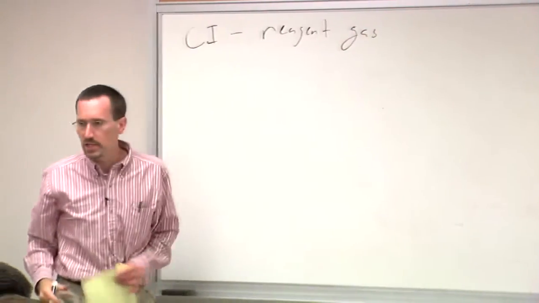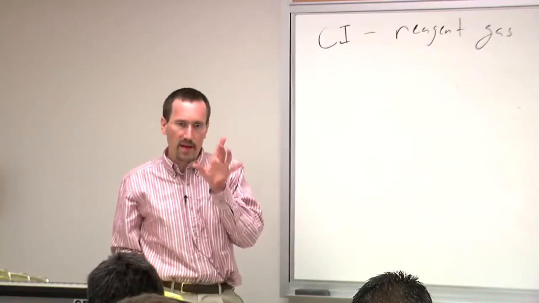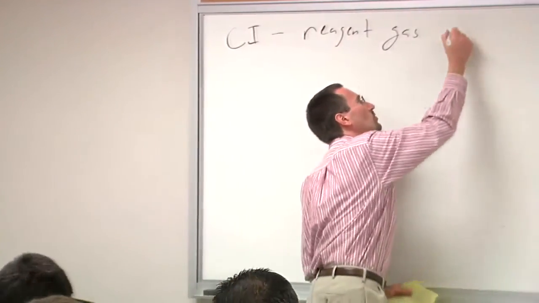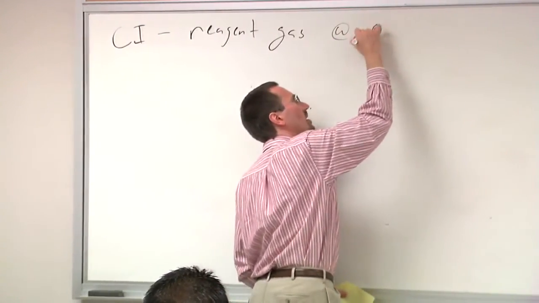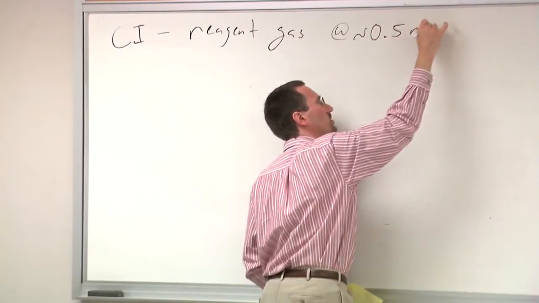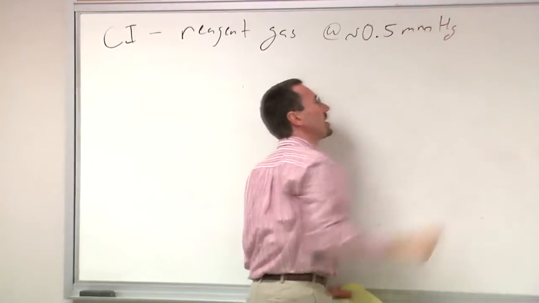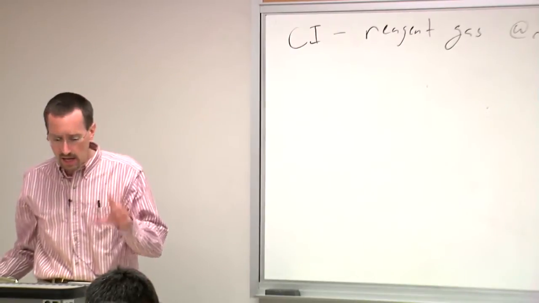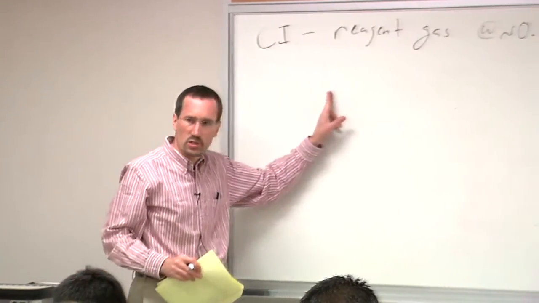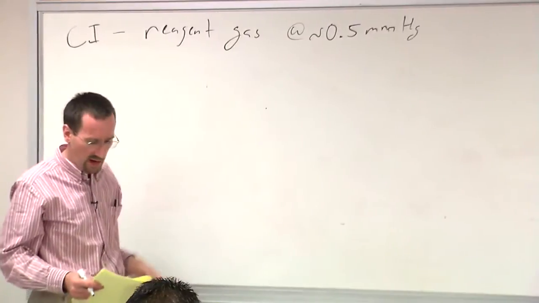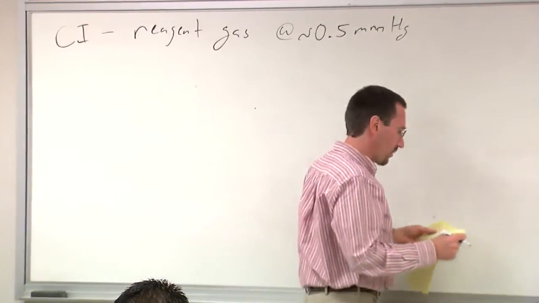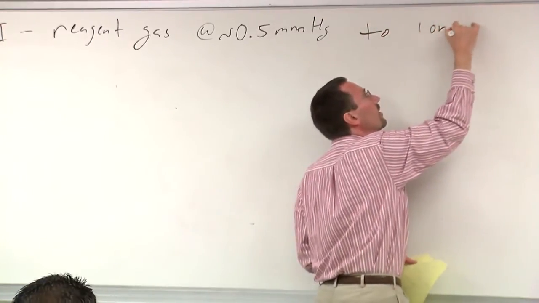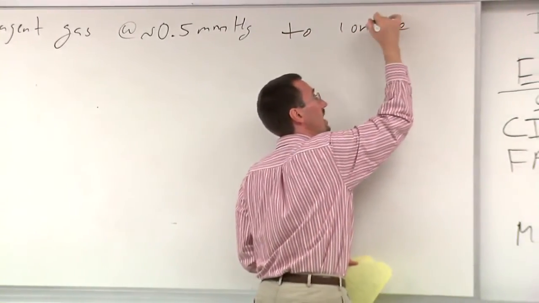But unlike the conditions where we're doing ionization in mass spec, which are very high vacuum, we're doing that under a weak vacuum at about 0.5 millimeters of mercury. Now, what's happening under those pressures is that the ions you're generating of the reagent gas, methane or ammonia or isobutane, are colliding with each other. And what they're doing is making acids.